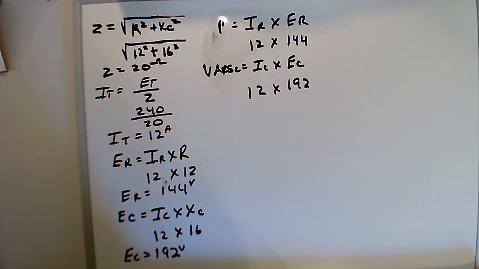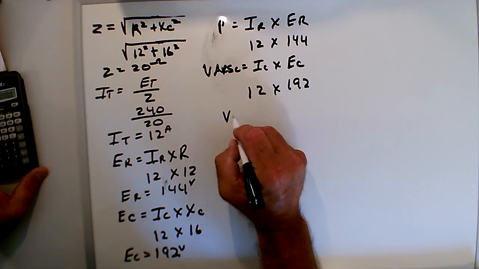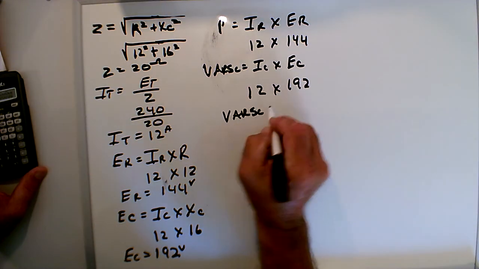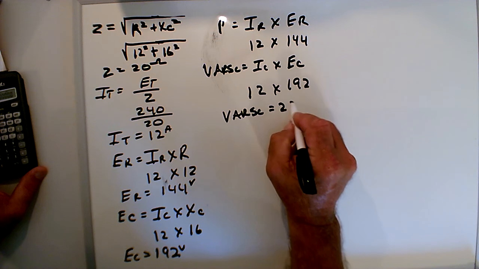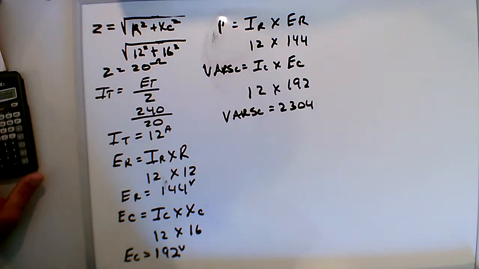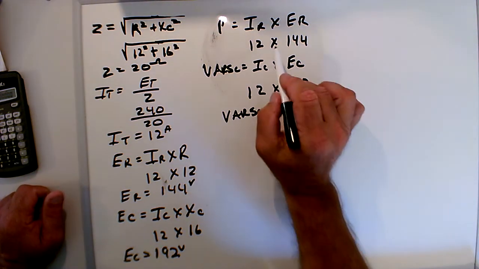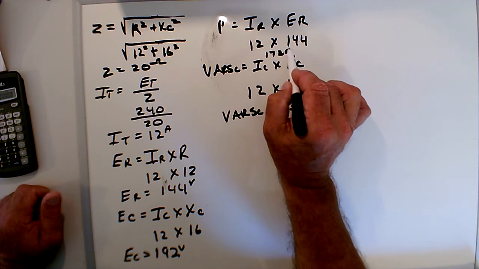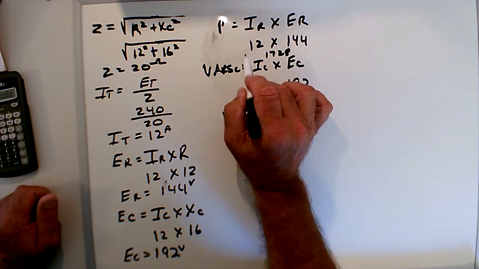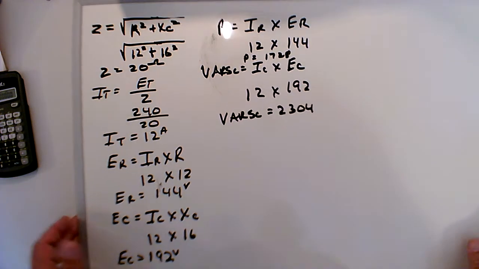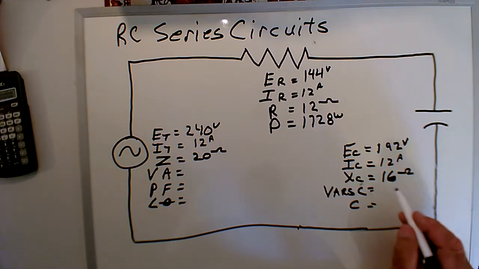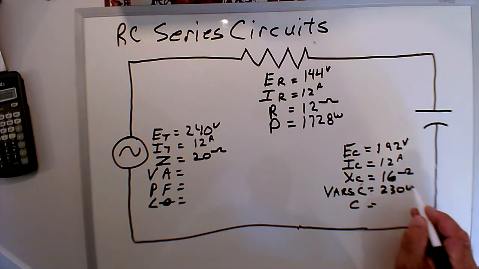Yep. So 12 times 192 equals 2,304. I didn't write in my power here, which was 1,728. So the VARS in this case is 2,304.